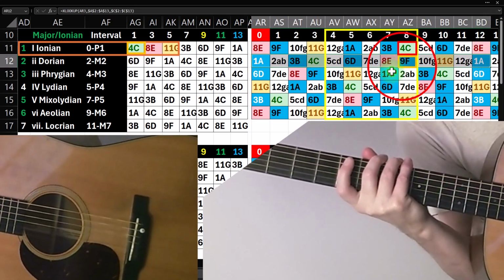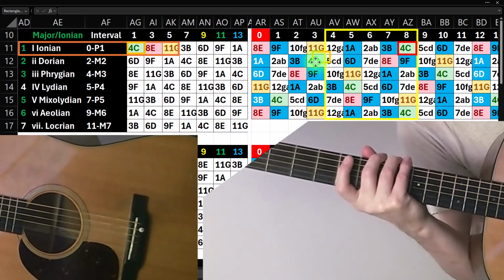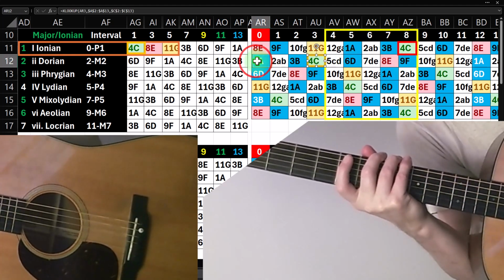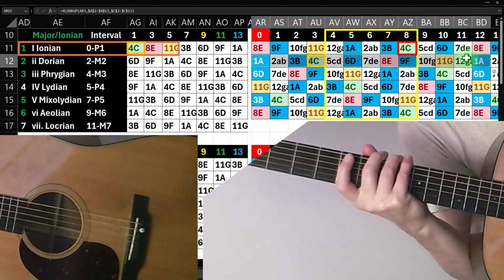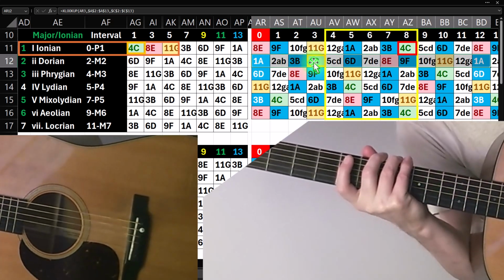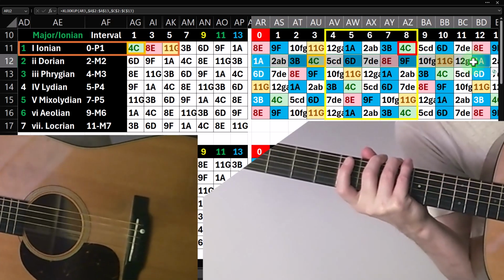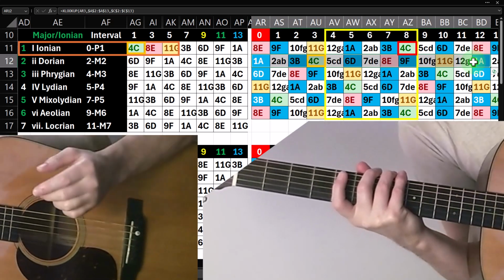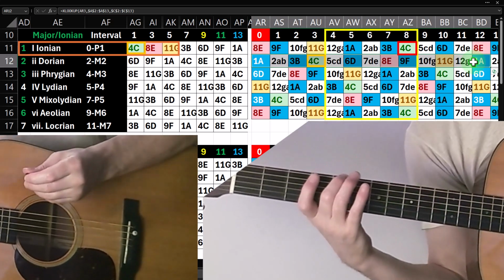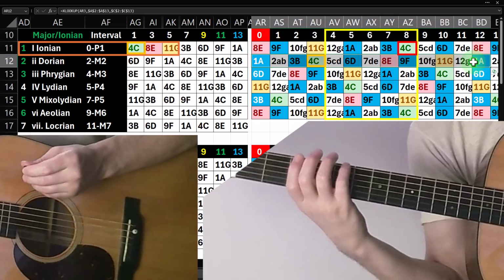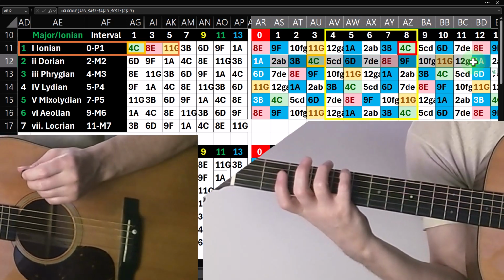So if I'm looking for the octave here, I can see the octave is right there. There's not going to be another one because all 12 notes are basically within frets 0 through 12, and then it repeats. So given that, I should be able on each note to find each of the intervals which I can finger.